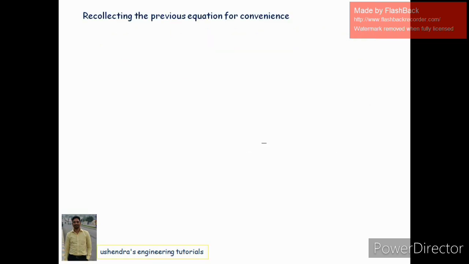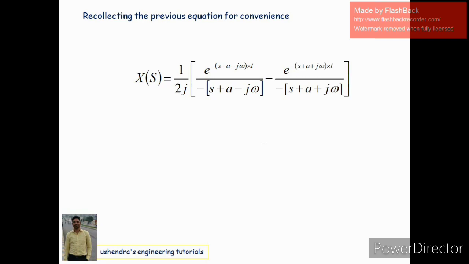So going ahead, recollecting the previous equation for convenience, once again I need to explain what is happening. So this was the previous expression, 1 upon 2j as it is. Okay guys, the limits of integration being 0 to infinity, and here we have to plug in the upper limit and lower limit. So it continues, X of s is equal to 1 upon 2j, so nothing to do with the denominators of both terms.